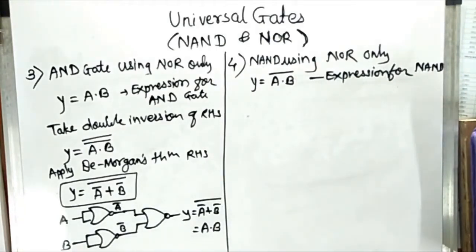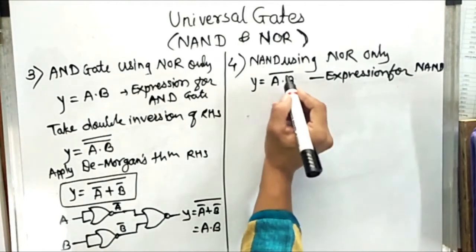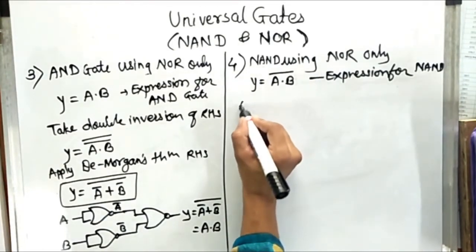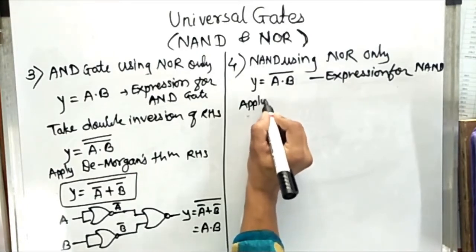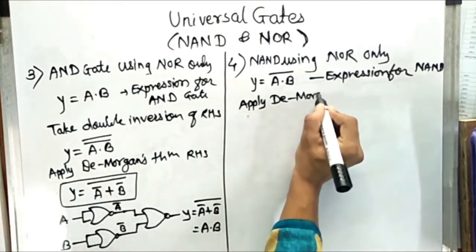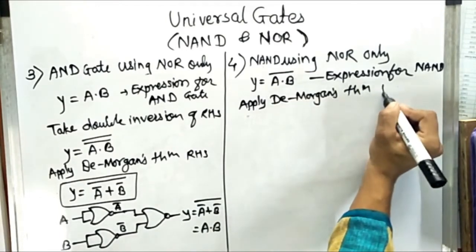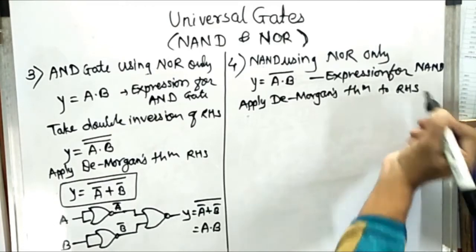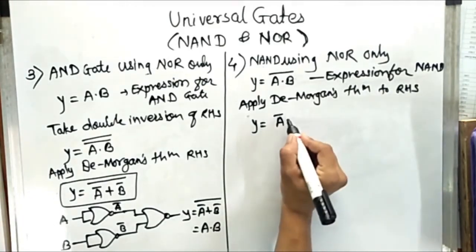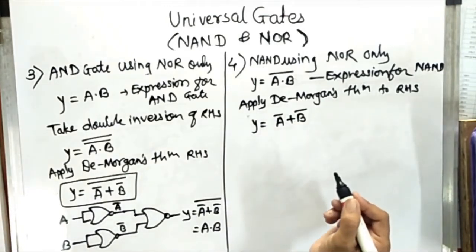Here, to convert this sign into OR, apply De Morgan's theorem to the RHS. So we get A complement or B complement.